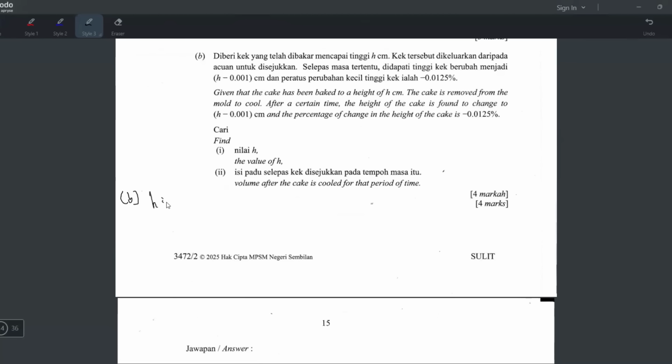So your h is actually changing from h to h minus 0.001. Because after baking, the height of cake is h, but when it cools down, it becomes this, right? And then the percentage of change is negative 0.0125. Find number one, the value of h.